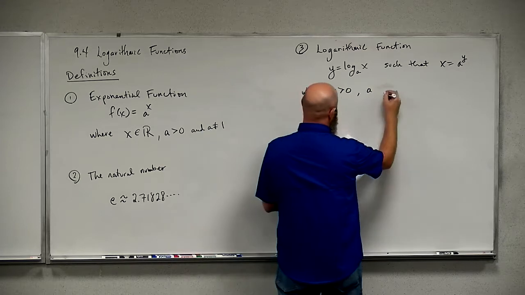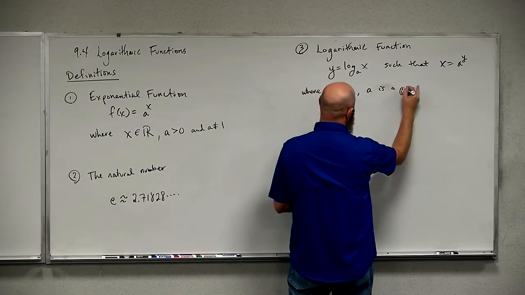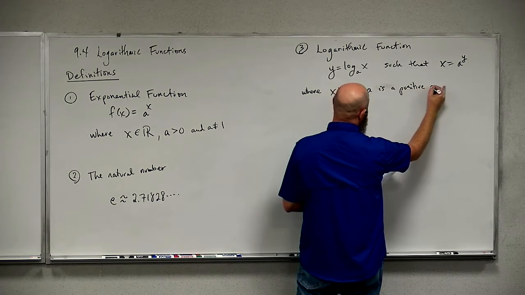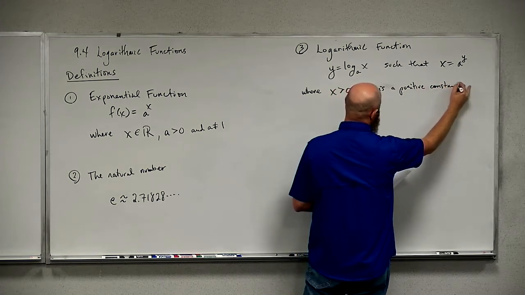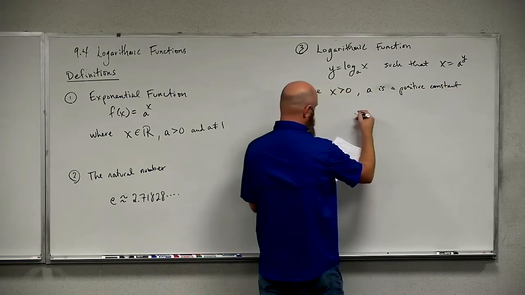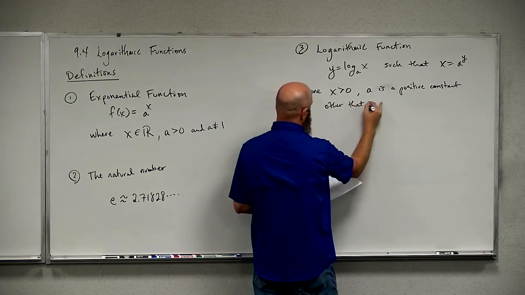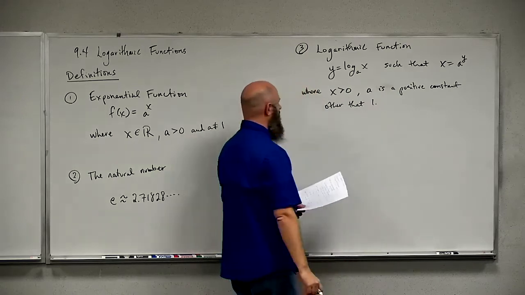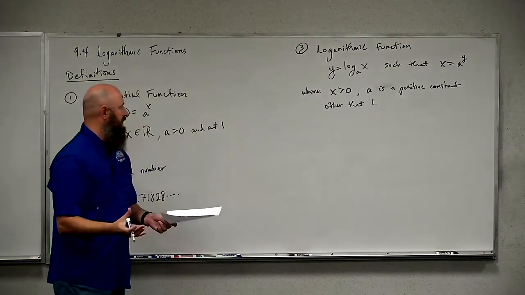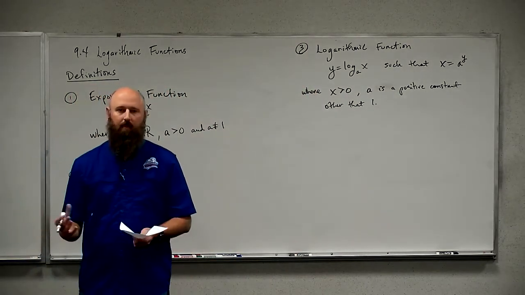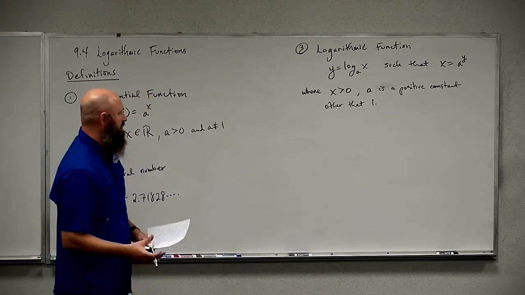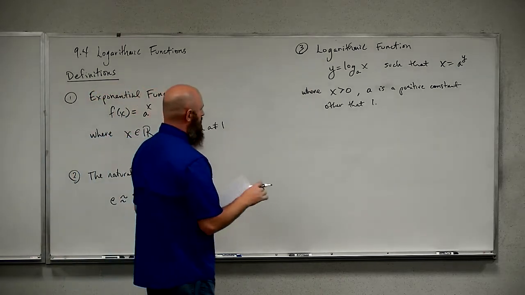A is a positive constant other than 1. Again, it's got to have those things. A is still going to be positive, but we do want it to be a constant in this case.